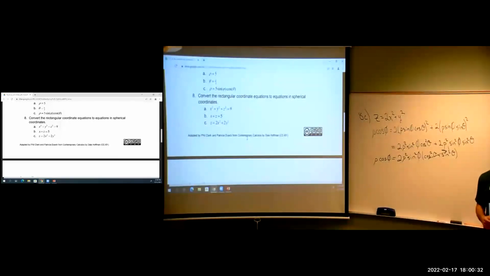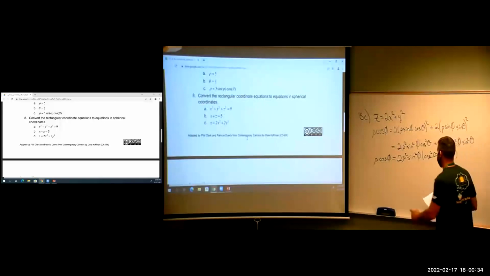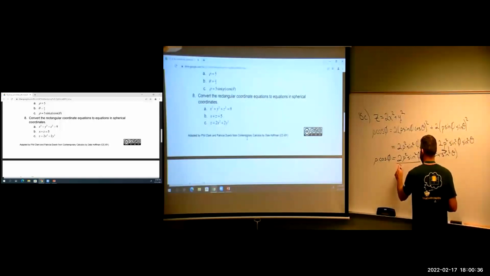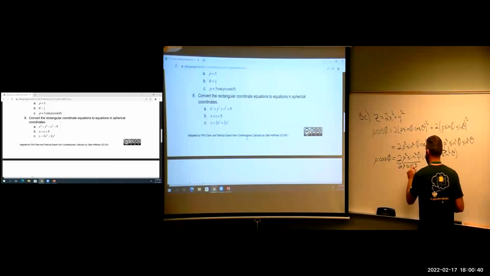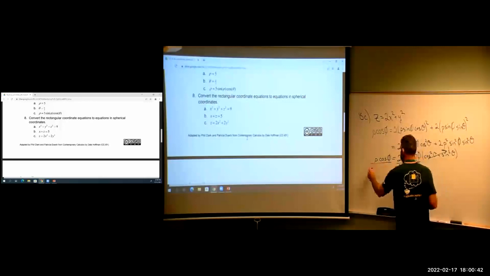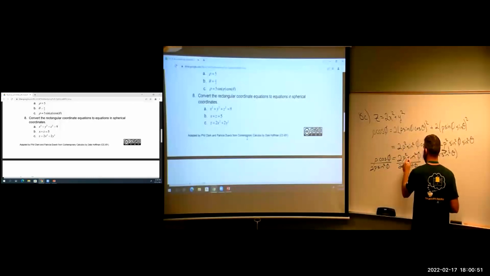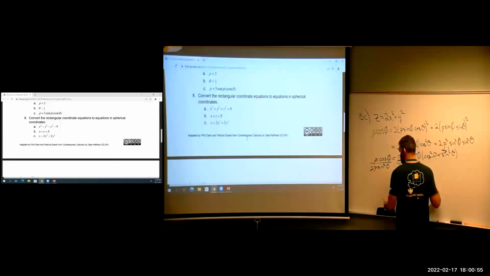Now it's not always going to be possible, but this time it is, because we can divide by 2 rho sine squared phi on both sides. I'm only dividing by one rho because they'll cancel out. That gets rid of these.